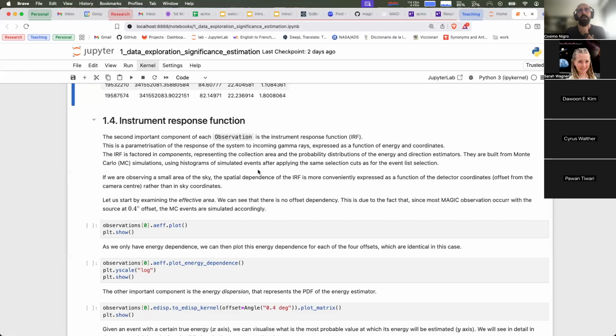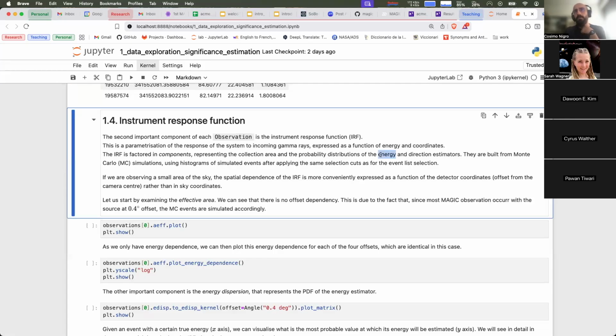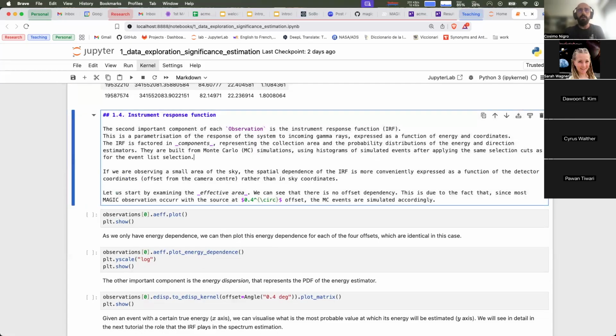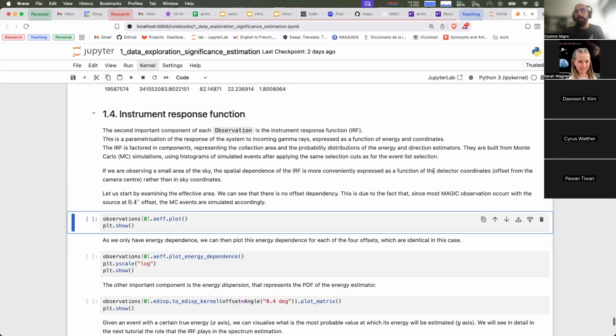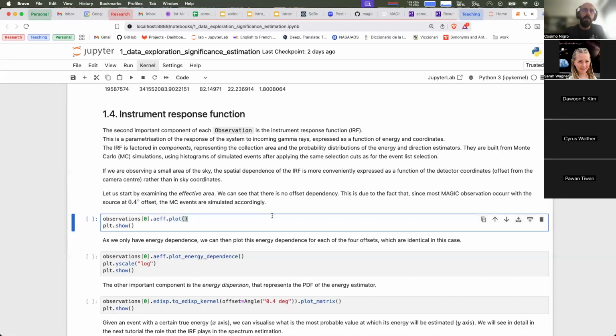We typically have the effective area and the energy and direction estimators, the probability distributions of the energy and direction estimators. The probability distribution of the energy estimator is called the energy dispersion matrix. We will take a look at it now. The probability distribution of the direction estimator is called PSF, and we will take a look at it tomorrow in the 3D analysis tutorial.